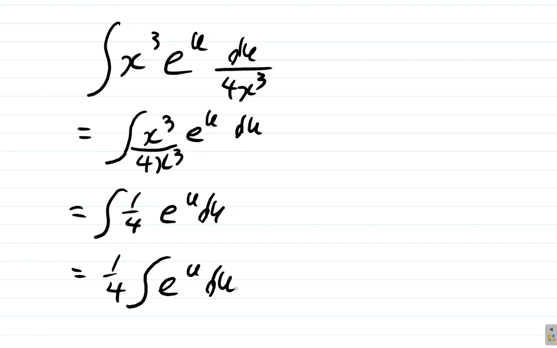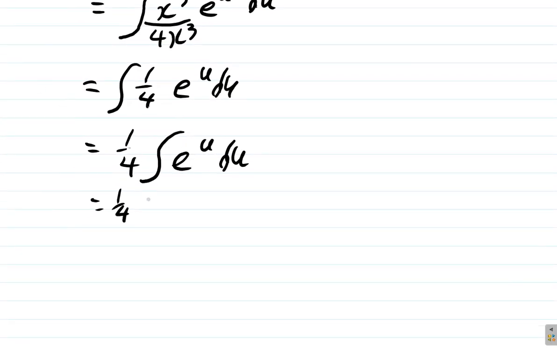Now, you remember that the integral of e to the x is e to the x plus c, right? Now, in the same way, the integral of e to the u with respect to u is going to be e to the u plus c. Alright?